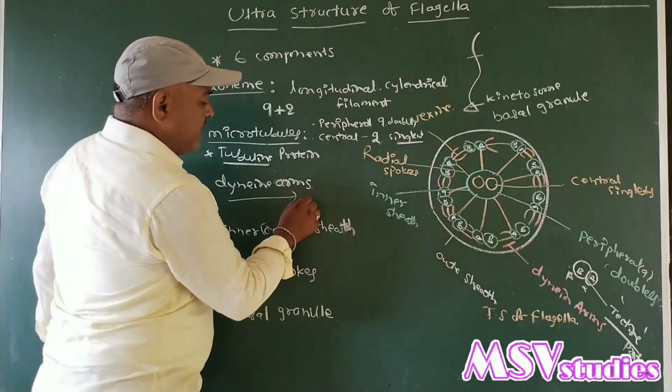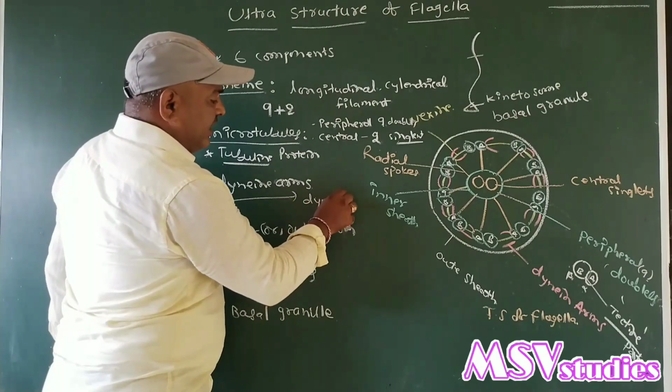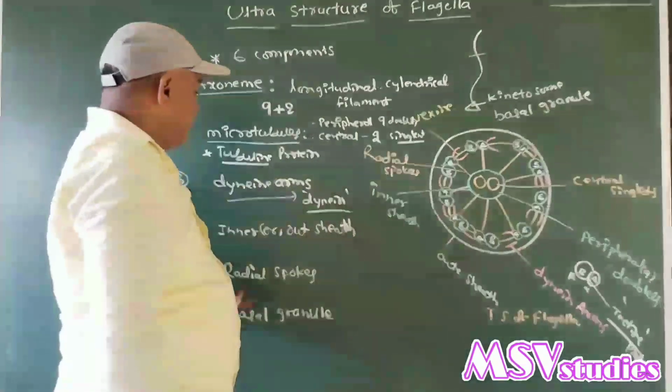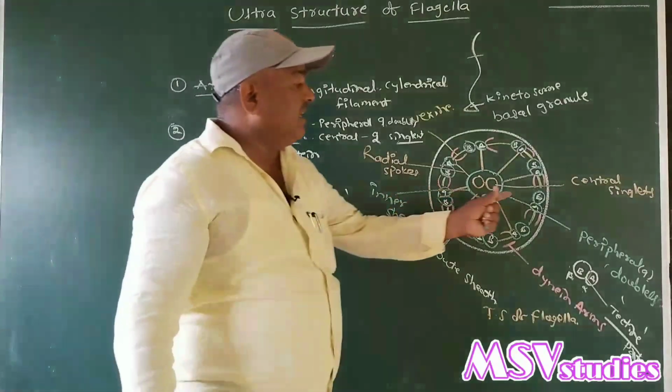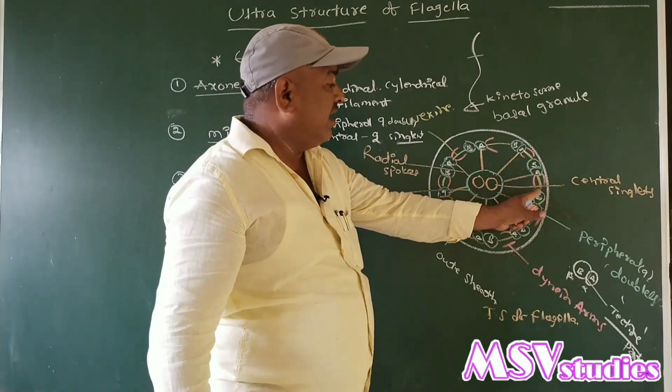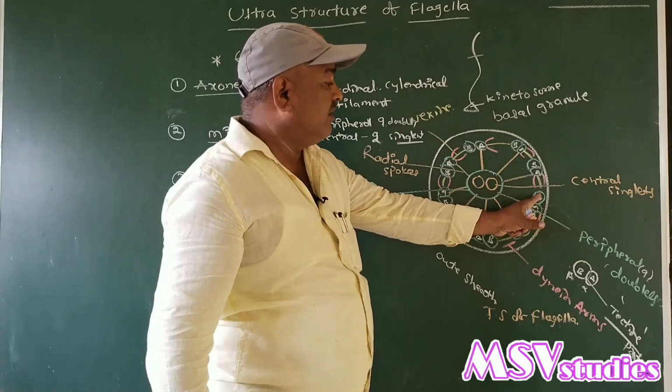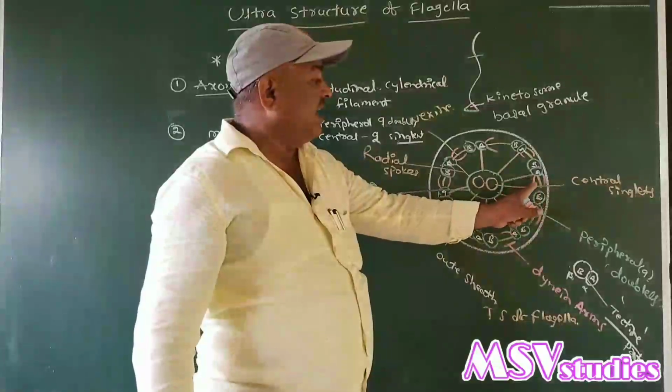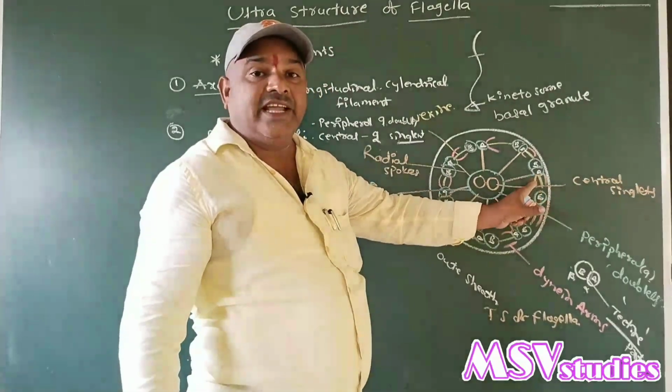Dynein arms are made up of dynein protein. The dynein arms connect the A microtubule to the adjacent B microtubule.